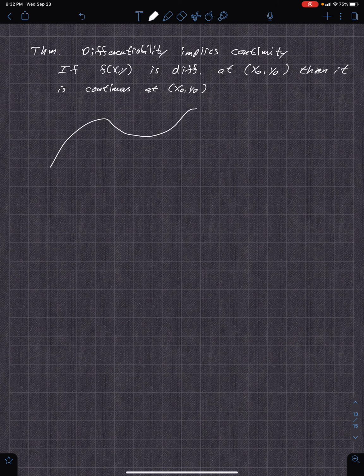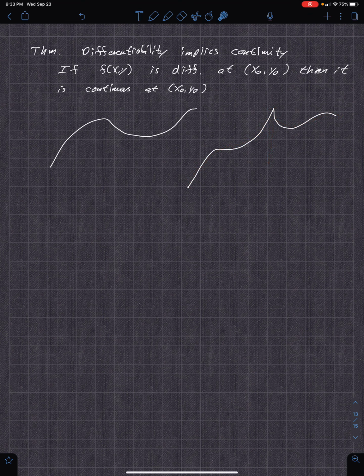However, continuity does not imply differentiability. Here's your counterexample. Okay, so differentiable, basically you get a nice smooth function, and it's continuous. Continuity, this is continuous, but it goes to a cusp, and therefore it is not differentiable at whatever this point is.